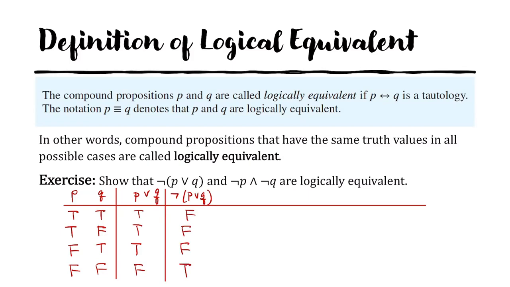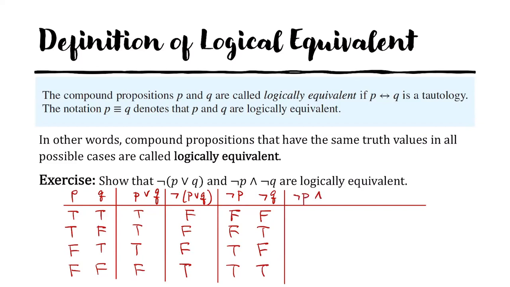Then we need to construct not P and not Q. Not P will be false, false, true, true, and not Q will be false, true, false, true. Now you will apply the conjunction.